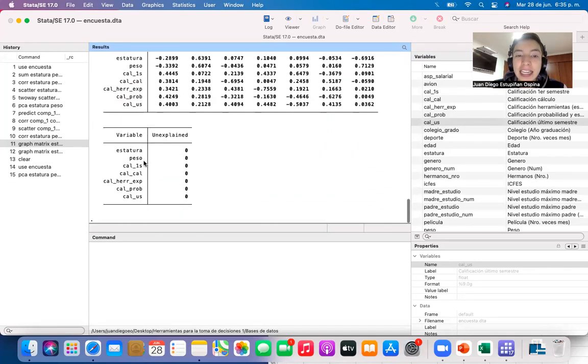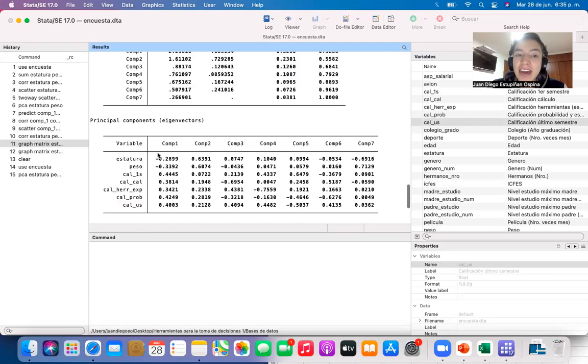And here Stata presents the eigenvectors for each component and the variables. So here, for example, if we analyze the eigenvectors, we could assume that the first component represents mostly the information about the grades, the variables that are related with grades.